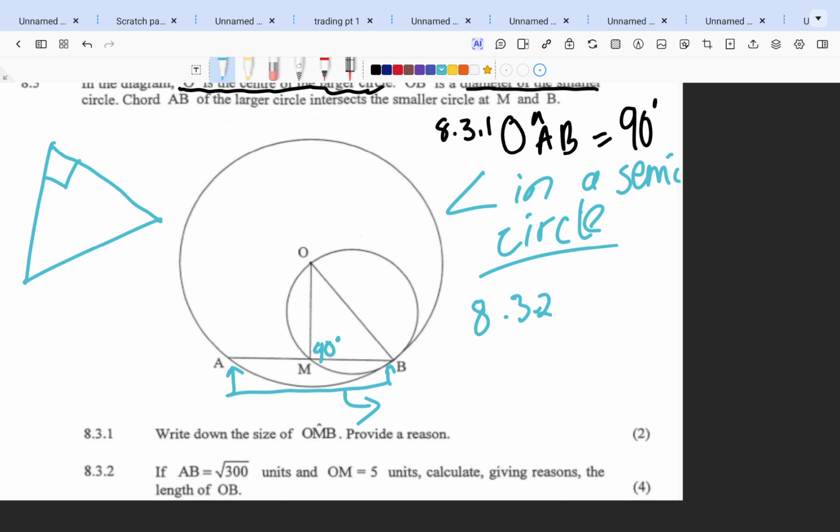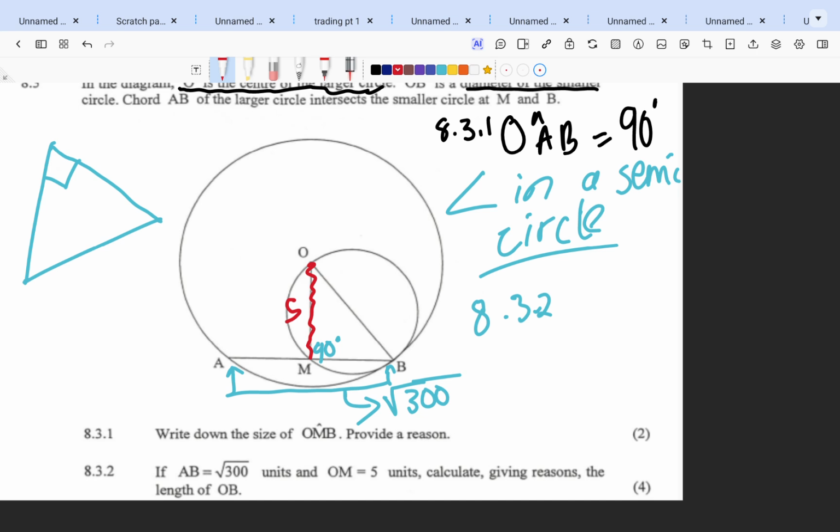Okay, so if AB is equal to the root of 300, let's write it, the root of 300, and OM, where's OM? OM is equal to 5 units. OM, 5. Okay, calculate, giving reasons, the length of OB.